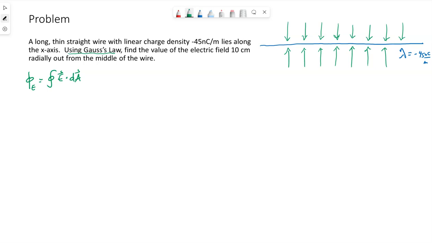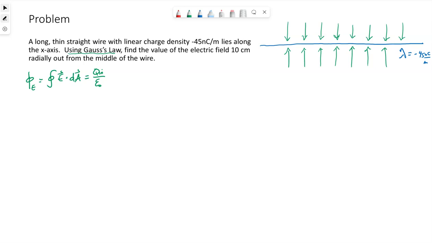So we don't have a closed surface chosen yet. We get to decide that. Gauss's law also tells us that the electric flux can be calculated if we know how much charge is located within the Gaussian surface we're using, divided by epsilon naught, which is a constant.